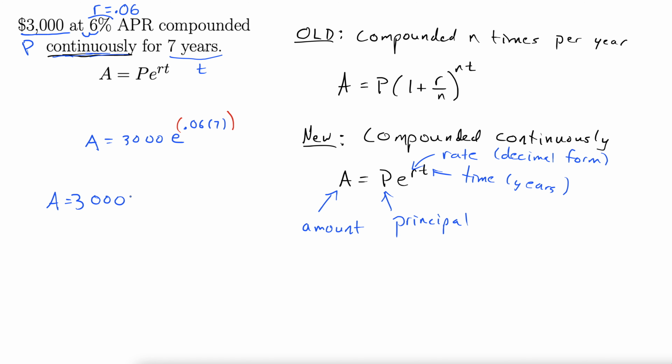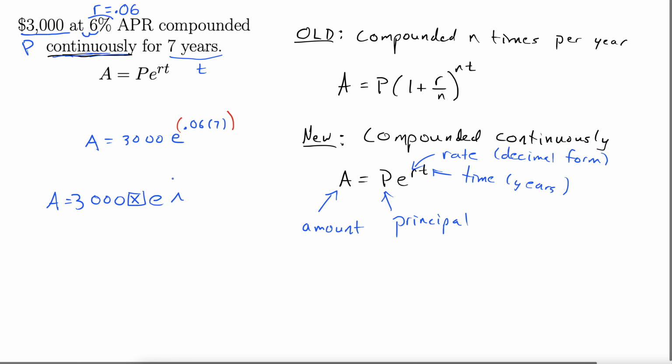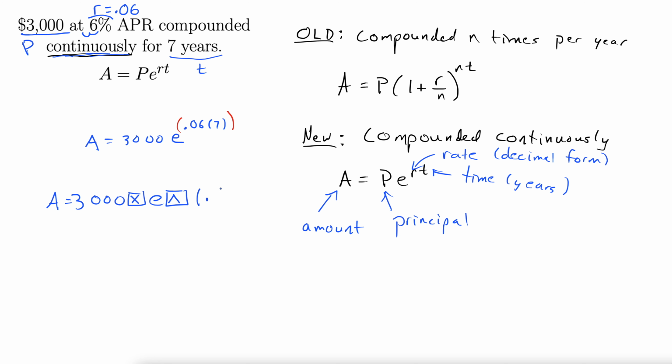3,000 times, okay, e to the power of button, to the power of, that's the caret button there, parentheses, 0.06 times 7, close parentheses.